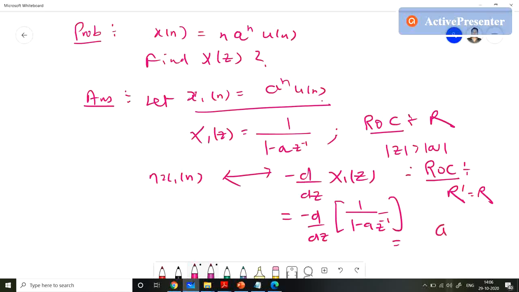Finally we are getting az divided by z minus a whole square, and the ROC is modulus of z greater than modulus of a.